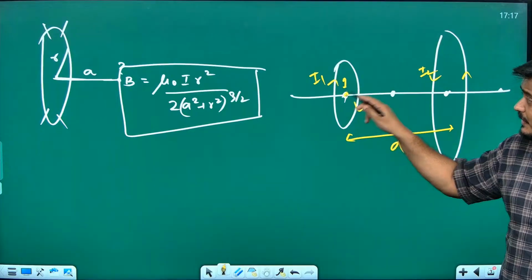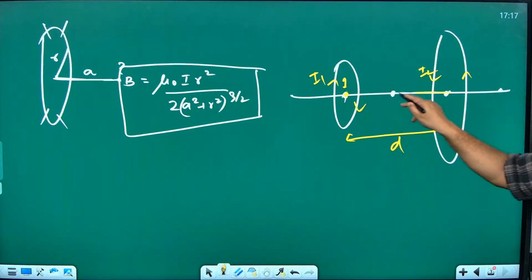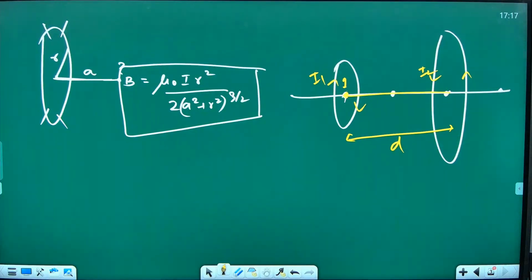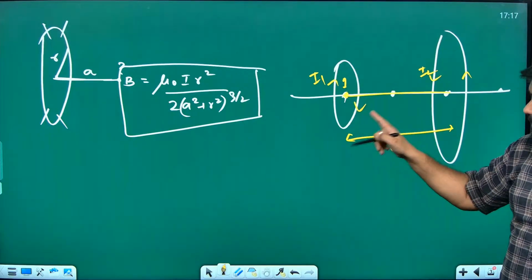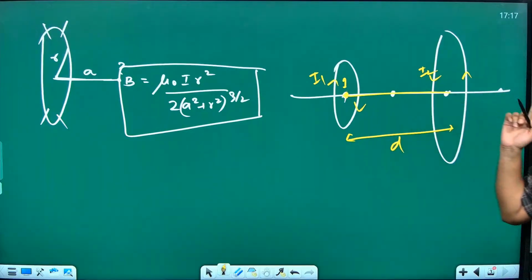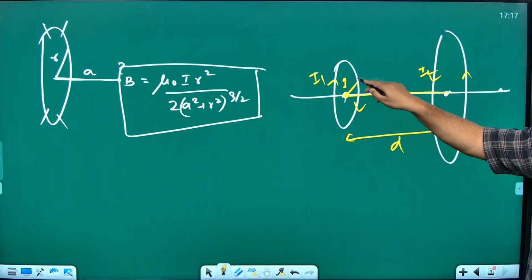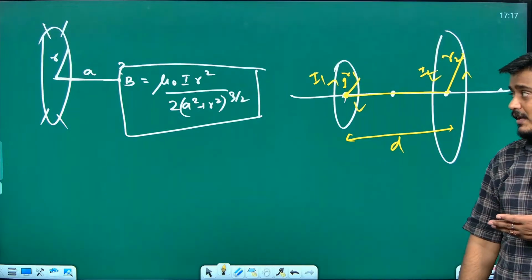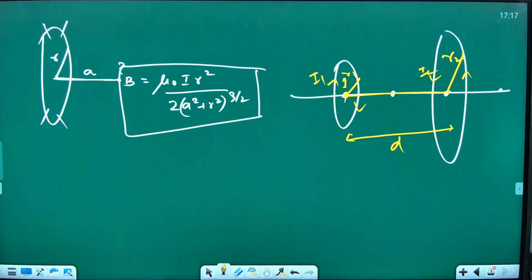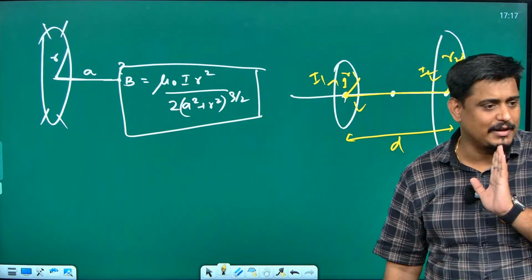And this other coil will be at an axial distance D away. So here the net magnetic field will be mu naught I1 by 2R1 plus, suppose the radius is R1 here and R2 here, mu naught I2 R2 square by 2 into (R2 square plus D square) power 3 by 2. Are you getting what I am trying to say?